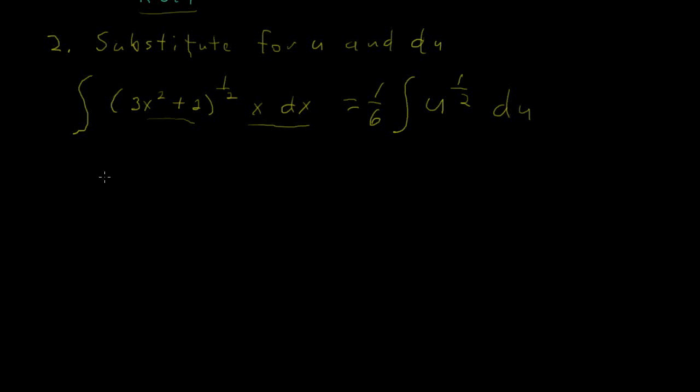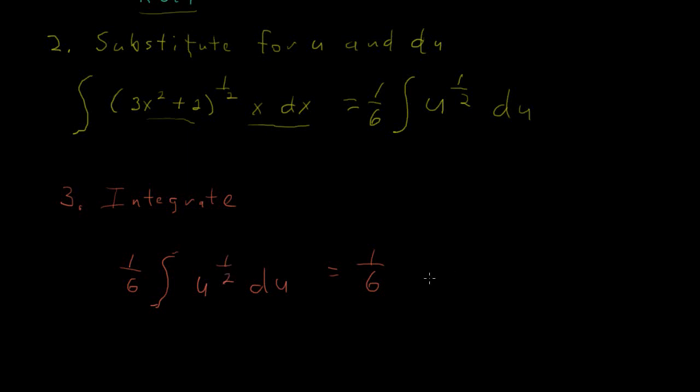What's next? The next step is to go ahead and integrate our simplified integral. Let's just rewrite our integral again. 1/6 the integral of u to the 1/2 du, and it's now simple to integrate this.